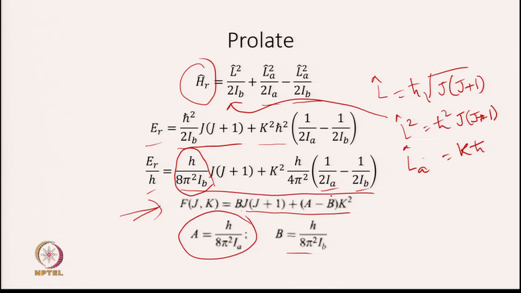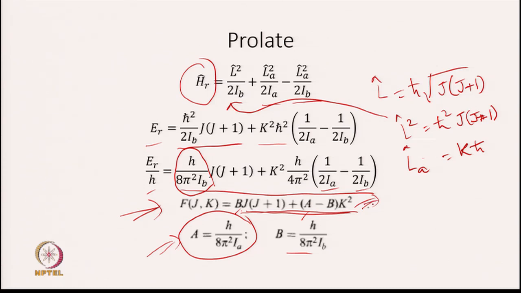So, you can also get this equation when you divide ER by hc, and ER by hc is also written in the same way, B J into J plus 1 plus A minus B multiplied by K square. Only thing is that now in that case B and A will be in wave number unit, and what I mean by that is A will be equal to h by 8 pi square IAc, and B will be equal to h by 8 pi square IBc.